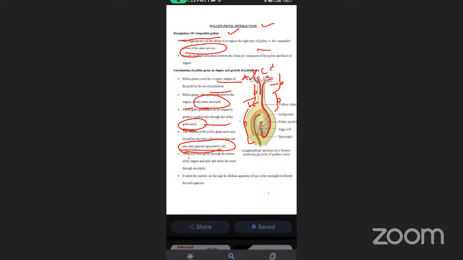Draw this pollen pistil interaction diagram, or take a screenshot. Is it clear? Right, next.